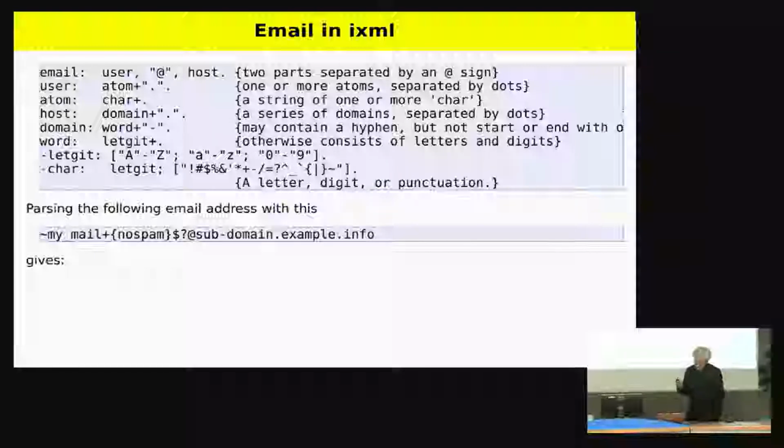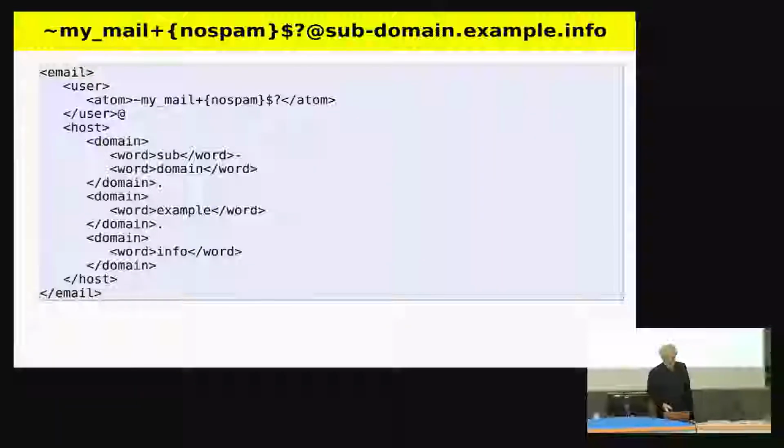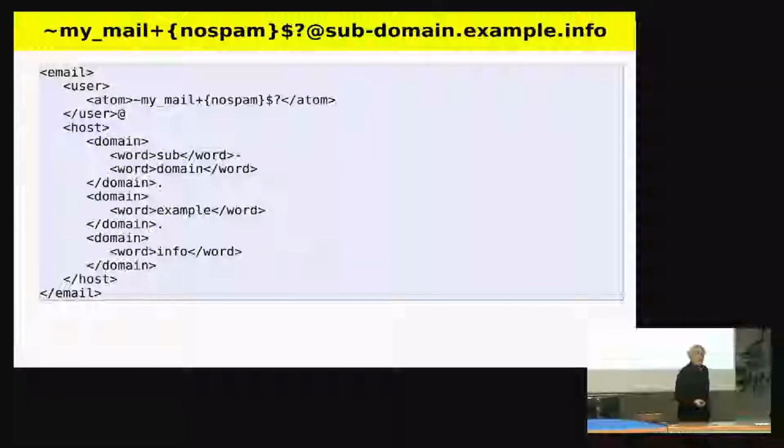So if I take this description of an email and apply it to this example email, and then express the result as XML, then it looks like this. So we've already got something quite reasonably structured out of it.